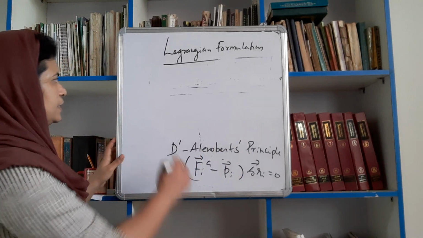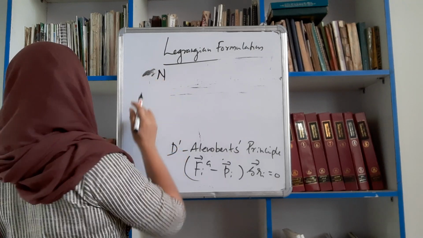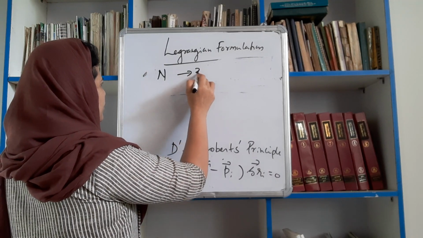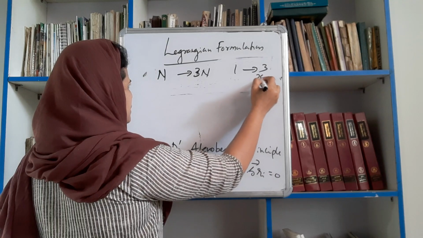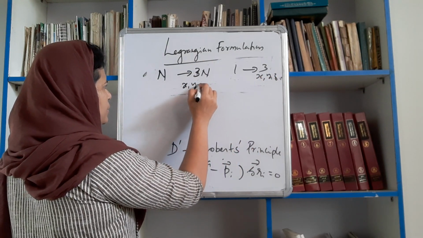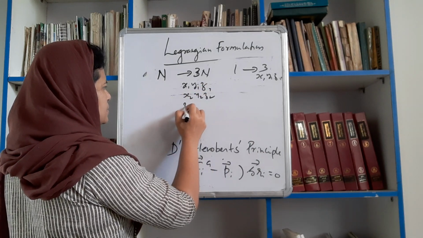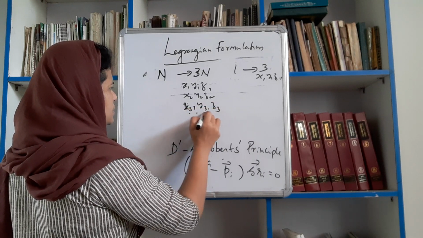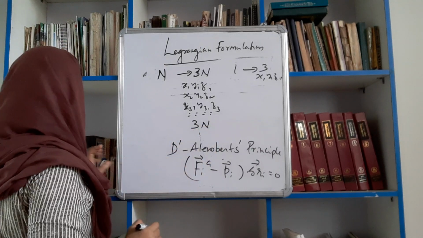If there are n particles in a system, there will be 3n coordinates. For one particle there are 3 coordinates, x, y, z. For n particles there are x1, y1, z1, x2, y2, z2, x3, y3, z3, etc. Therefore there are 3n coordinates.